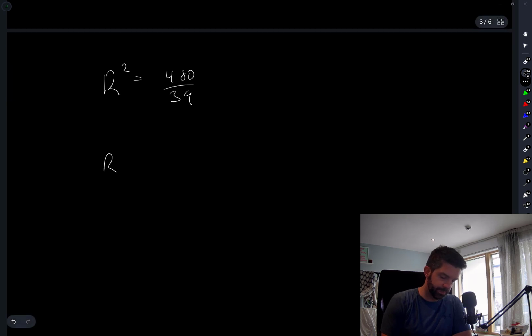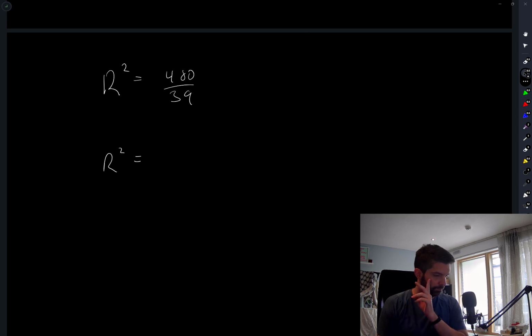I think these are both divisible by 3. 480 divided by 3 is 160, so r squared is 160 over 13.